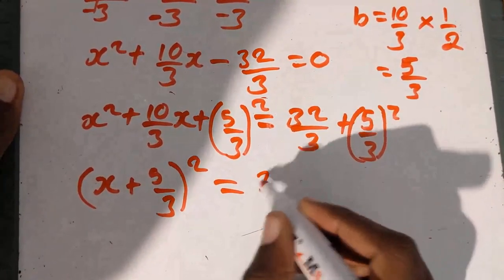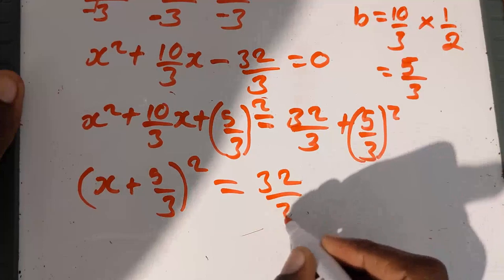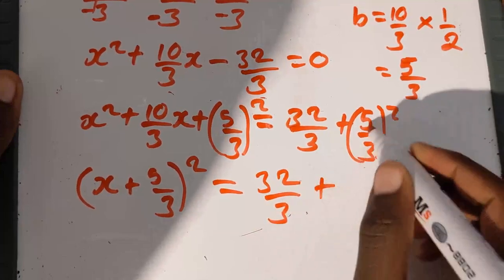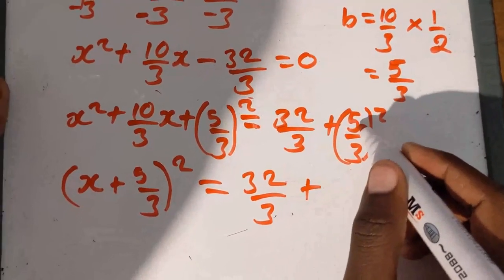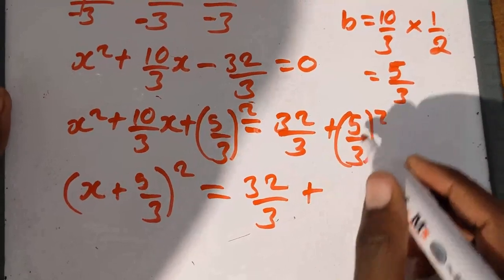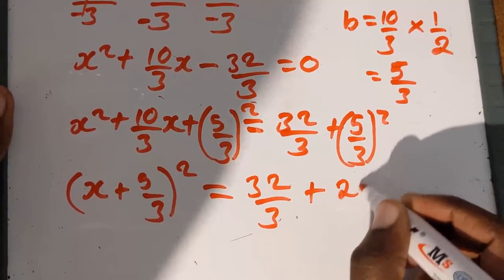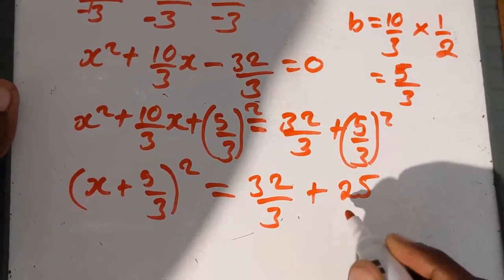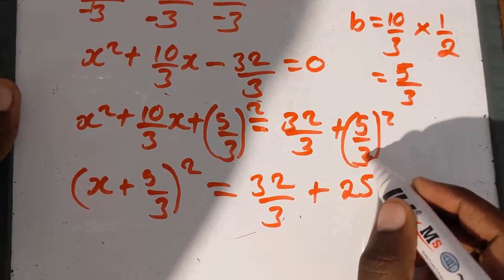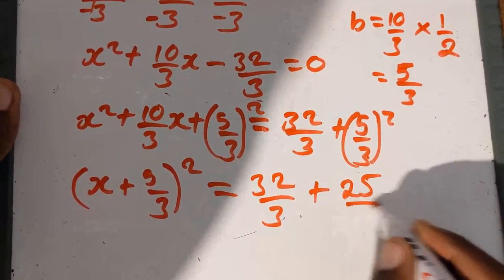This is going to be 32 over 3 plus 5 squared. 5 squared, this is just 25. Okay, 25. Then 3 squared, it is going to be what? 9.